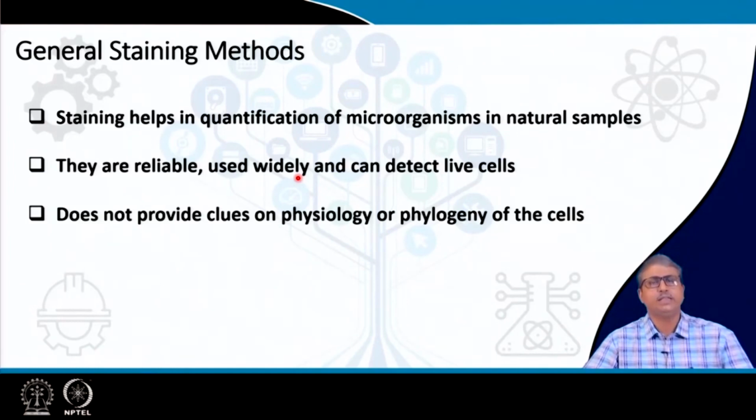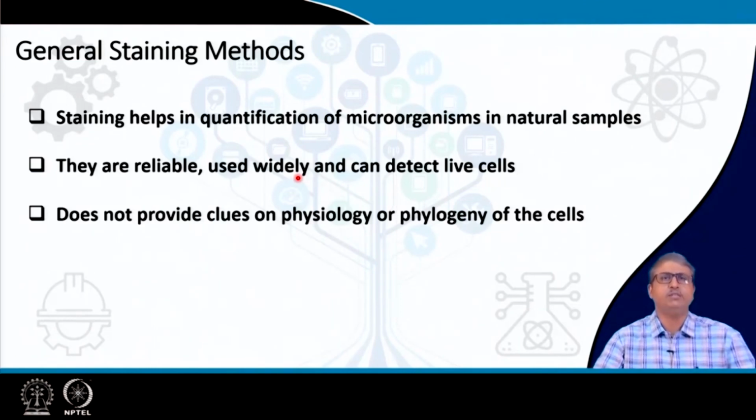And these were later developed to discriminate between the live cells and the dead cells. Because when scientists were initially doing this fluorescent microscopy to find out the cells present in an environmental sample, they were staining with dyes which stain all cells.